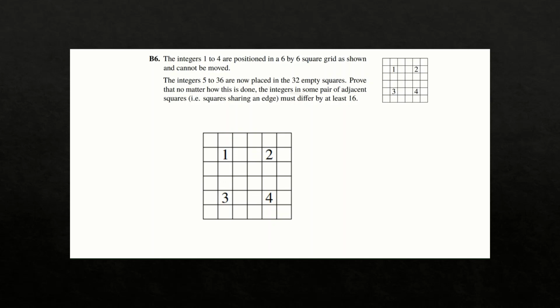Now in order to have the numbers 1 to 4 next to a number from which they differ by at least 16, we must put in the squares adjacent to each of them the next smallest number, i.e. 5 upwards. So let's do that now.